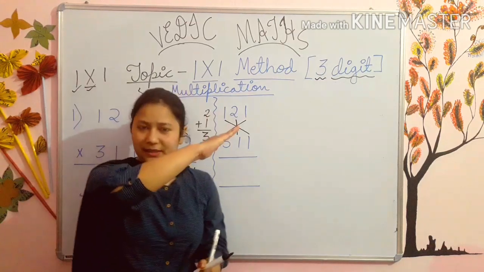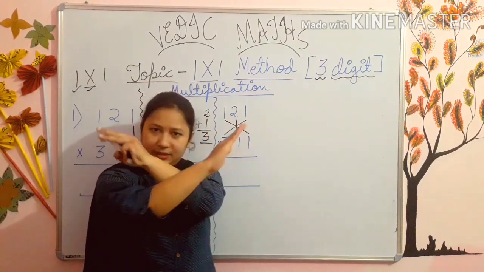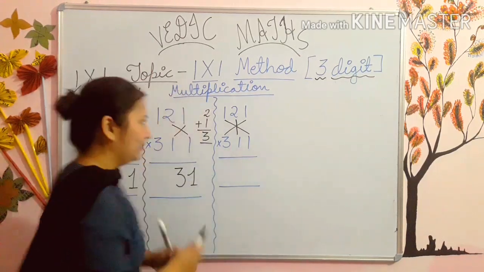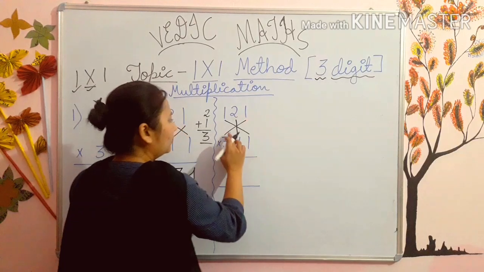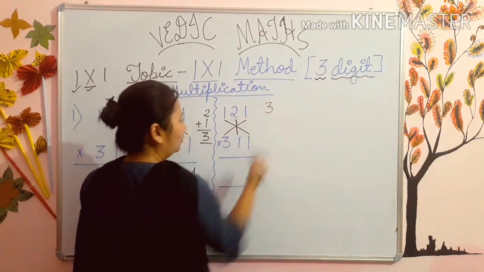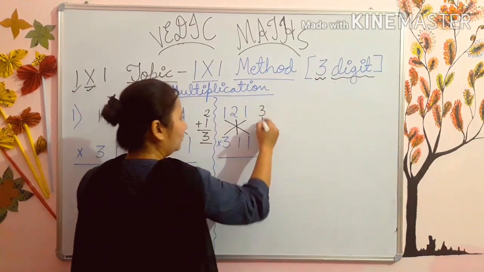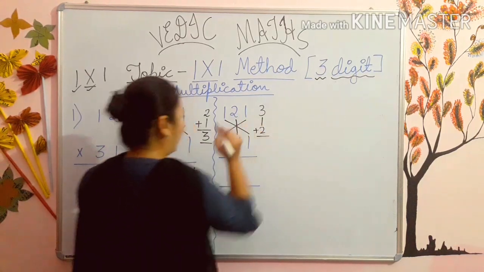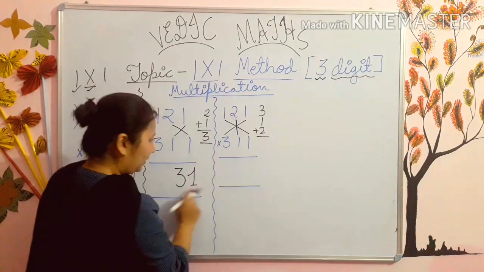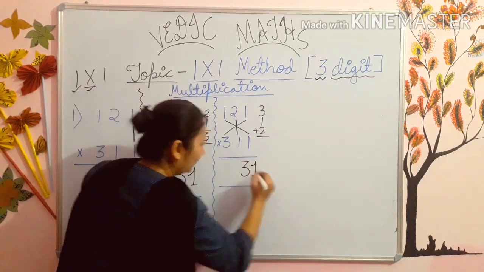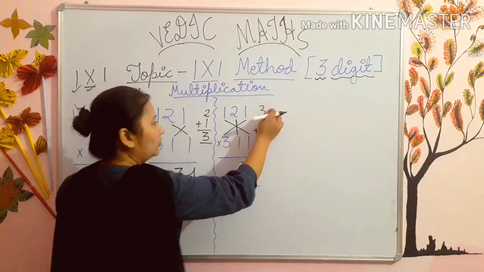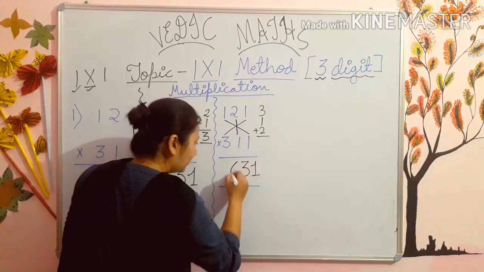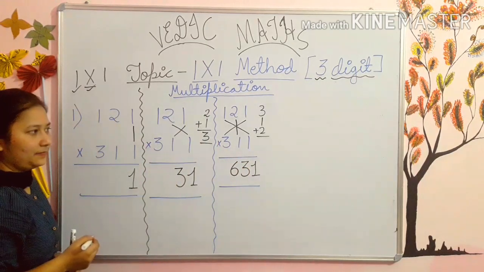Means these digits will get multiplied, these digits will get multiplied and the mid one also will get multiplied. So count them, kids. 3 ones are 3, 1 ones are 1, 2 ones are 2 and what is your answer? Add them. See, 3 1 we have got already. 3 1, 3 1. Now 3 plus 1, 4. 4 plus 2, 6. So 6 here.